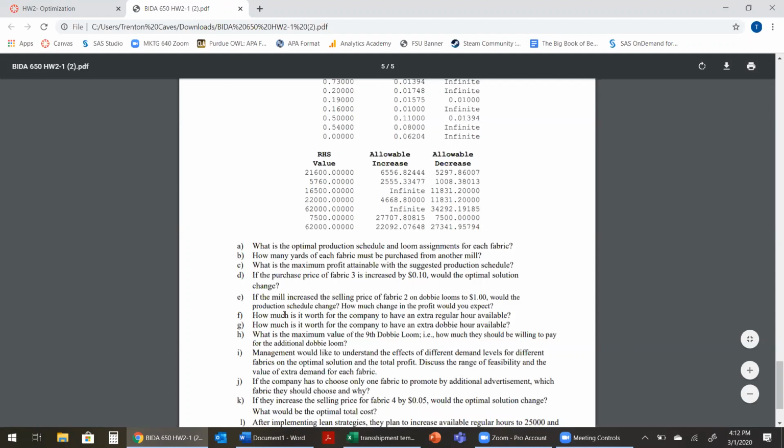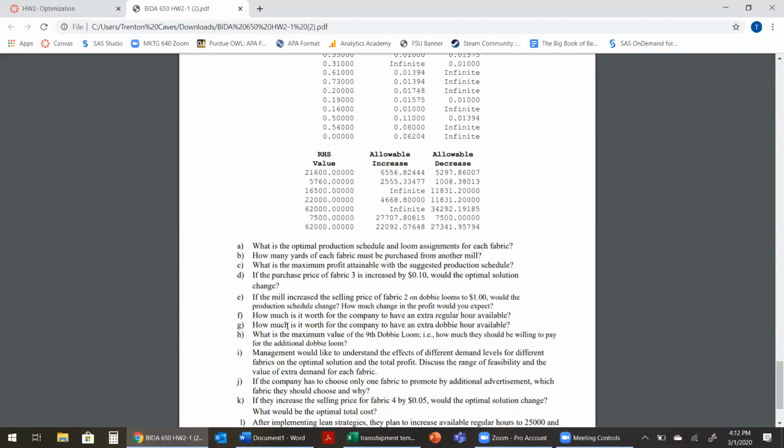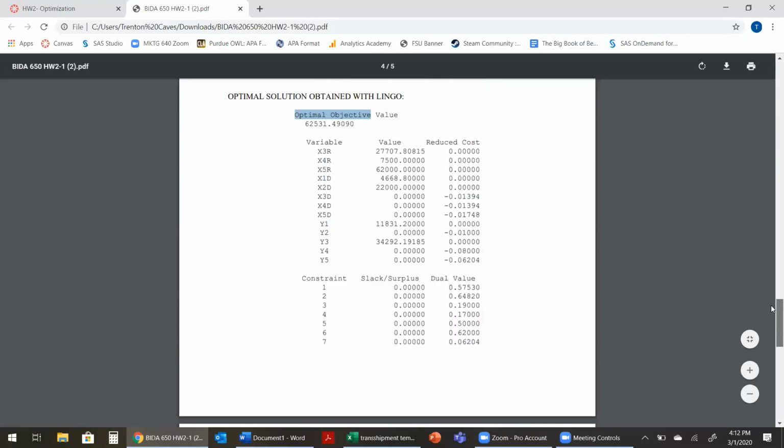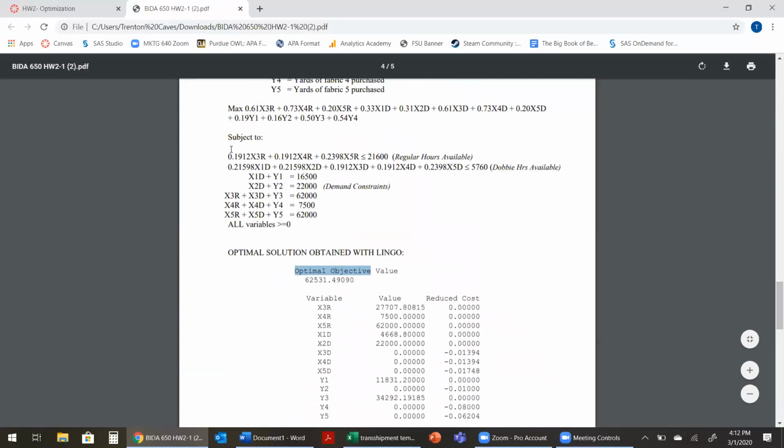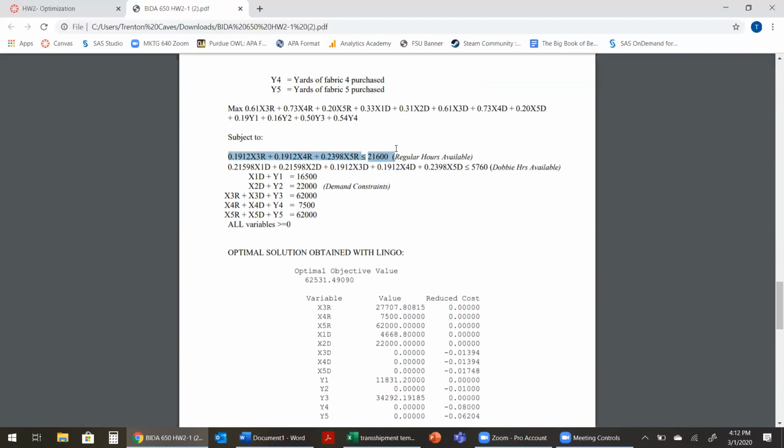So question F and G are asking about how much it's worth for an extra hour of regular or Adobe. And those correspond with an increase in our constraints. So initially we have 21,600 hours of regular available and 5,760 hours of Adobe.